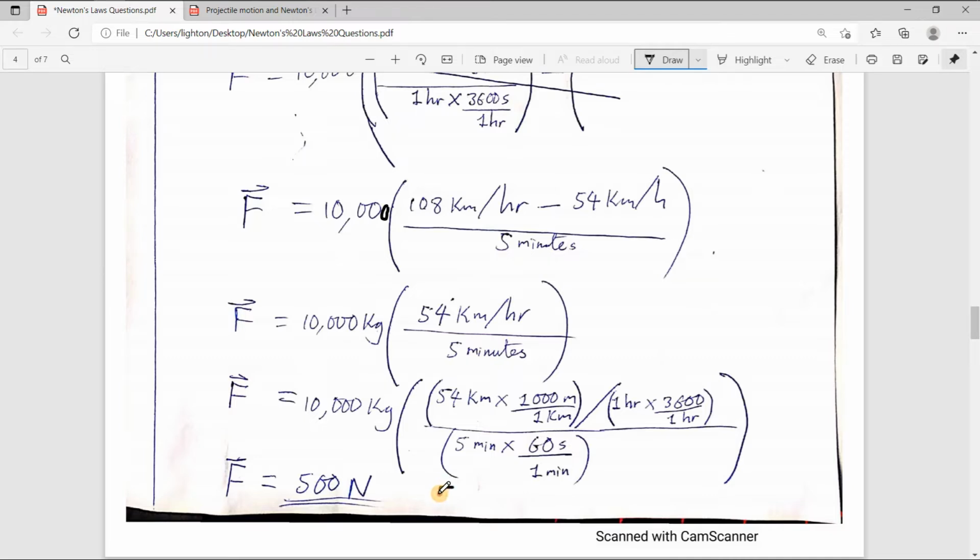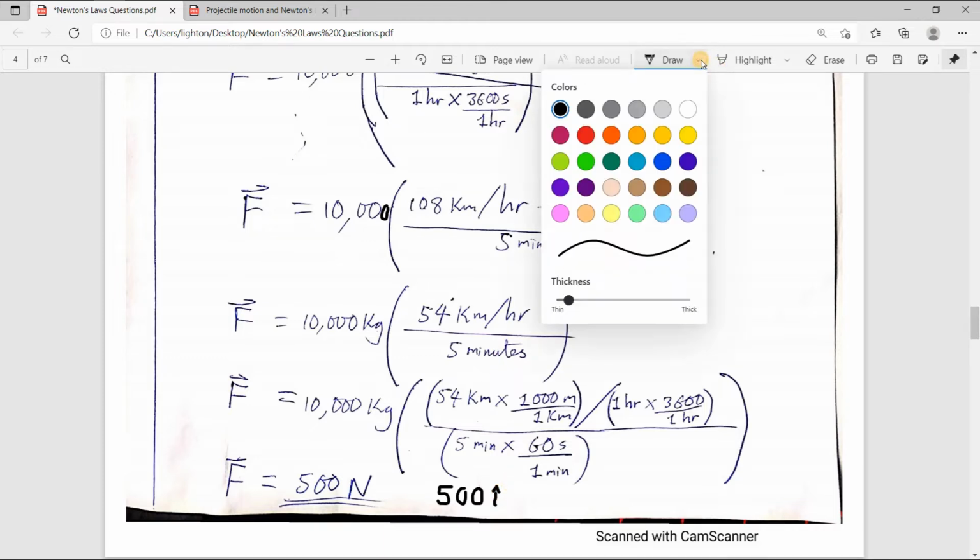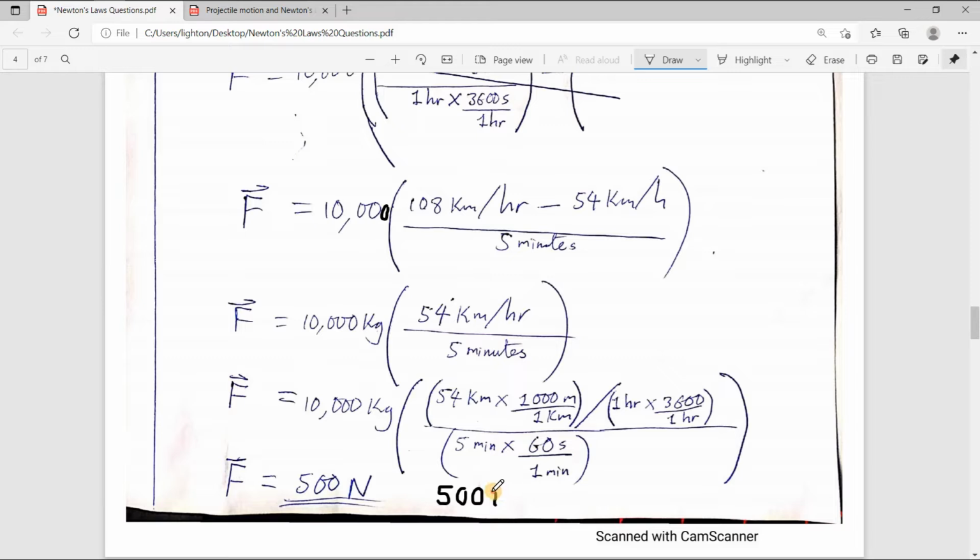If you want to show the direction as well, you can write it as 500 newtons I. I know using these pens can be a bit slow sometimes. This is I with a hat, I hat.